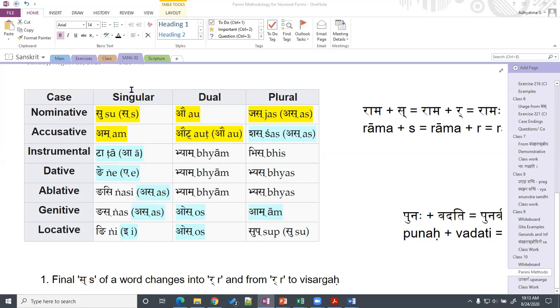So the online format has challenges on both sides, but the advantage here is that we have the recordings and the class notes, you can refer to them again and again, and you can catch up in your spare time. So there are both advantages and disadvantages. Try to take as much advantage as we can of this online format, and the disadvantages can be made up by focusing on the advantages which the online format offers to us.